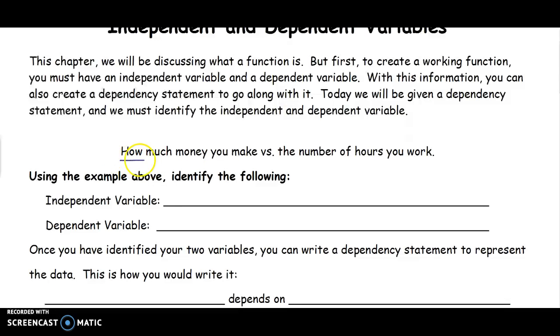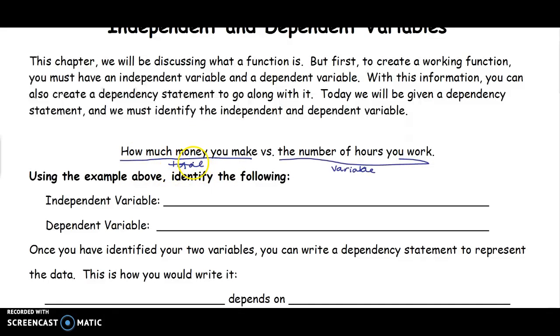So this how much money you make is a total. And this is going to be the variable, right? It's going to be what's changing because you can work 0 hours one week, you could work 40 hours one week. All of this is going to change your overall amount.